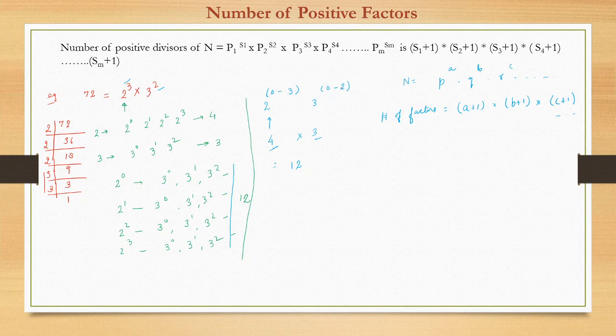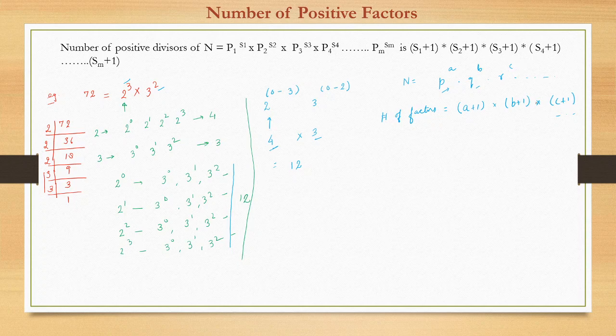Why? Because in case of p we have a plus 1 options, starting from 0 to a. Similarly for q we have b plus 1 options, starting from 0 to b. Similarly the power of r can take c plus 1 values, starting from 0, 1, 2 up to c.